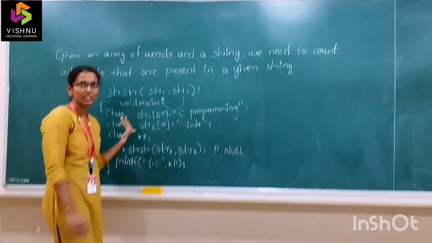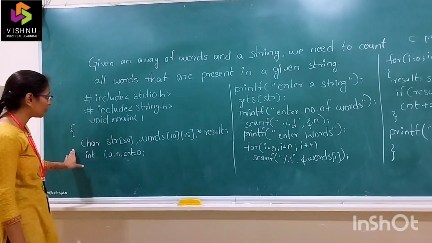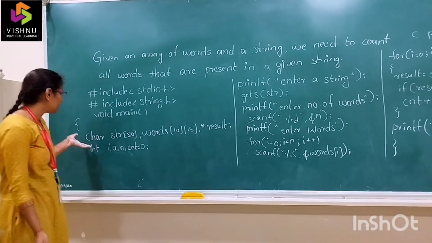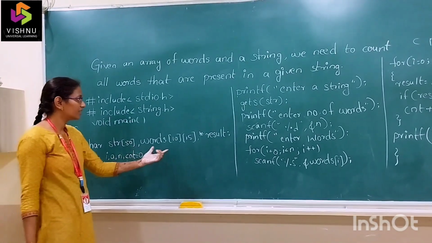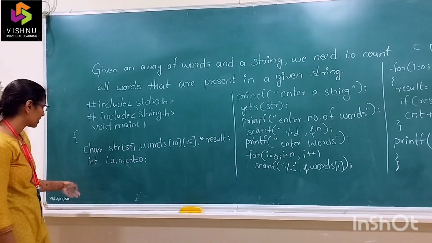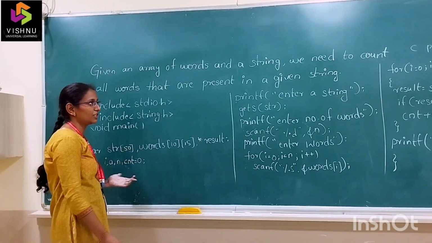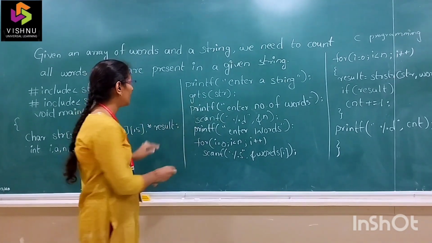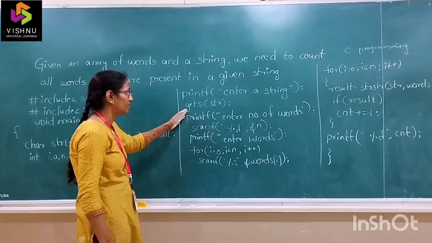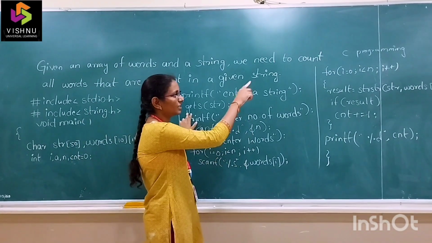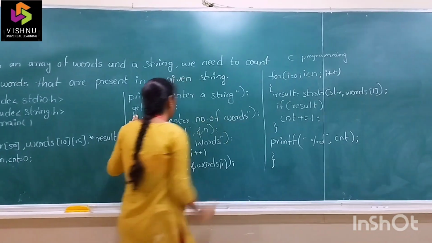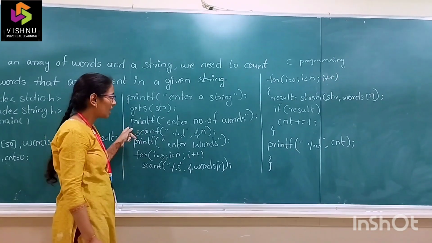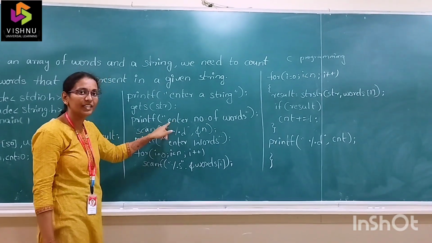So let's go through the code. I am writing this program in order to ask the user to enter the data. I declared the string, words, a pointer result and other variables which are used in the following code. Here the compiler asks the user to enter a string. If I enter the string as C programming, after that the compiler asks the number of words.